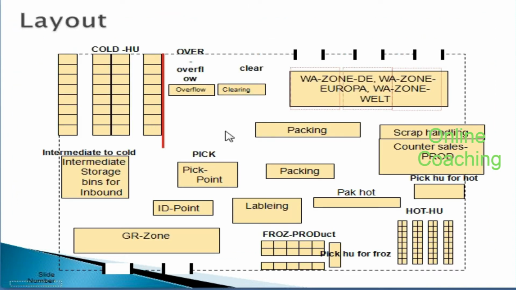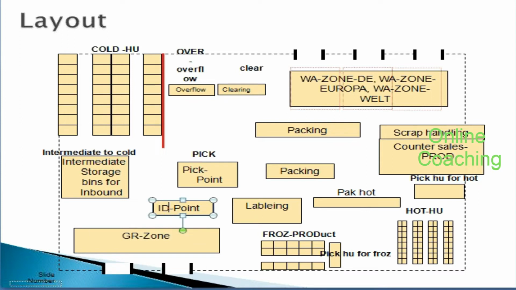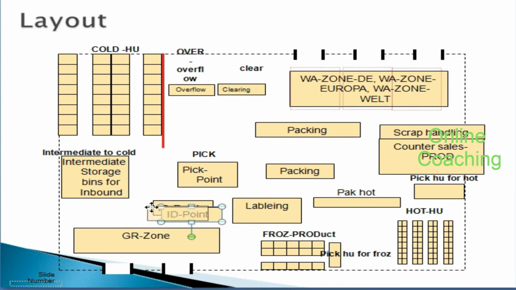QM also: once the goods are received here, let's take this as an example. One more area will be created as QM and we will be adding the process. Exactly. Let's take this as a quality work center.